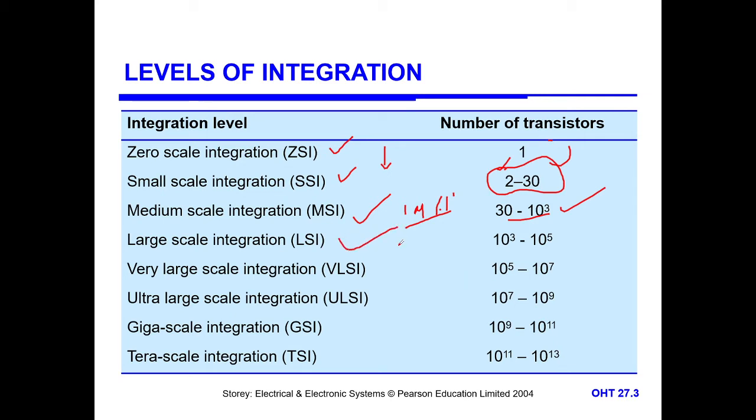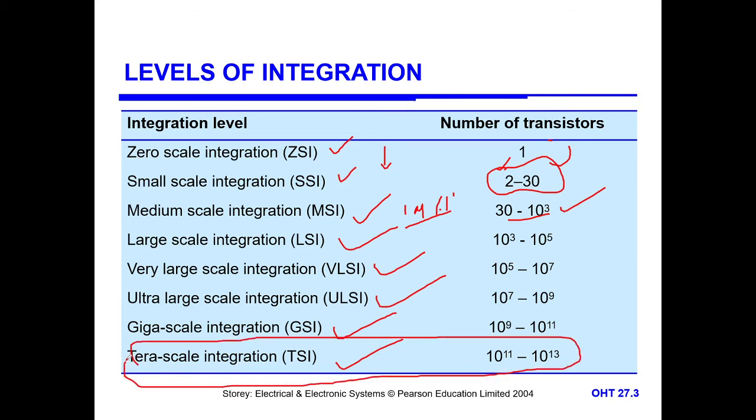Next is large scale integration, very large scale integration, ULSI, ultra large scale, giga scale integration, tera scale integration. That means we are now at the tera scale of integration. As per my knowledge, this has also been updated with nanotechnology.